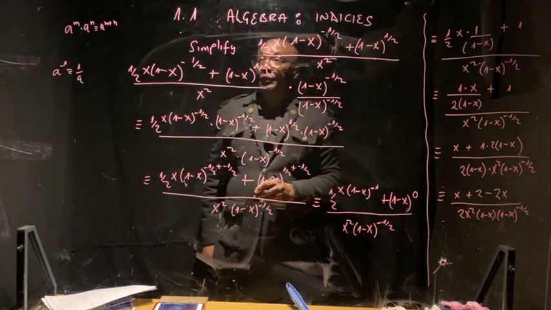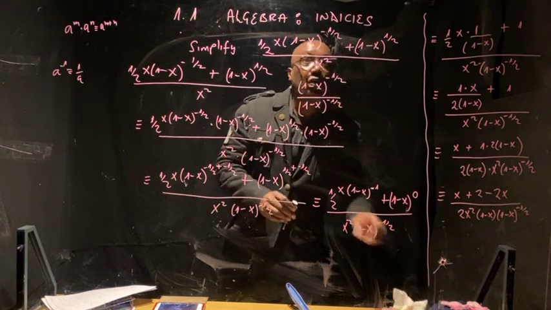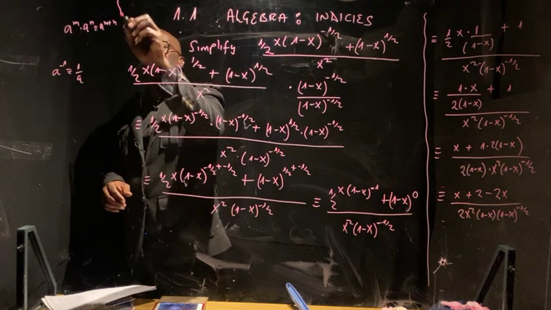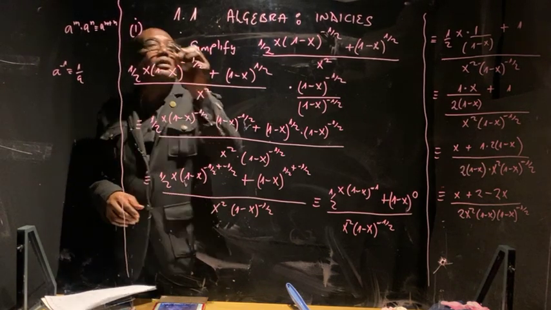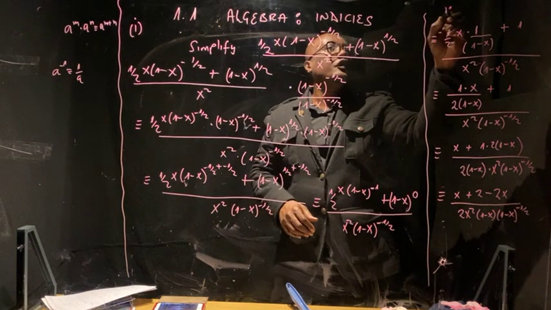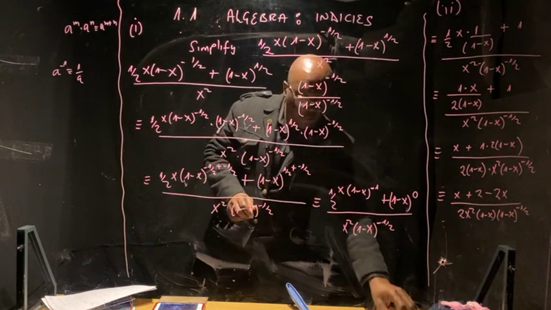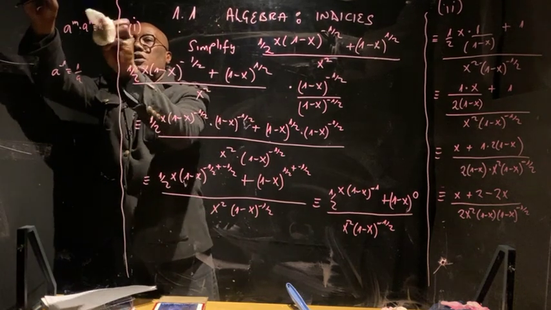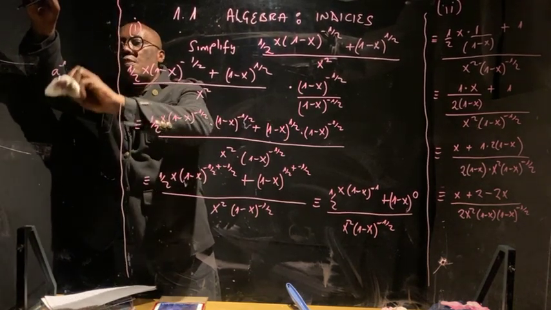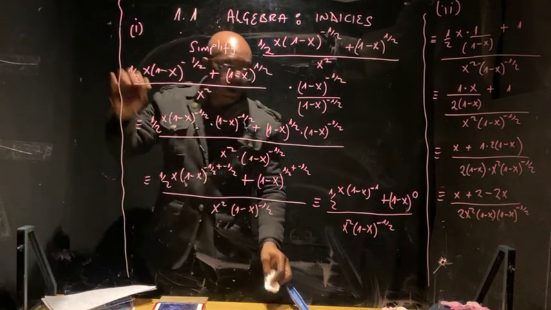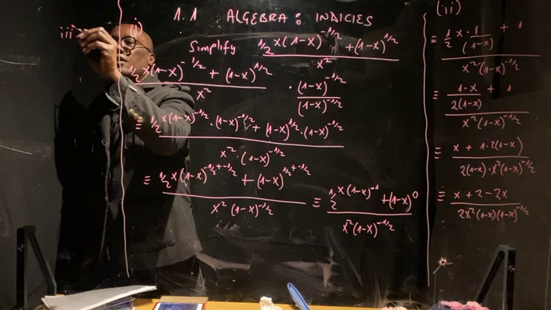So let us continue. I call this one section 1. I call this one section 2, so that it may not confuse you. Let's come to, I'll call this one section 3.